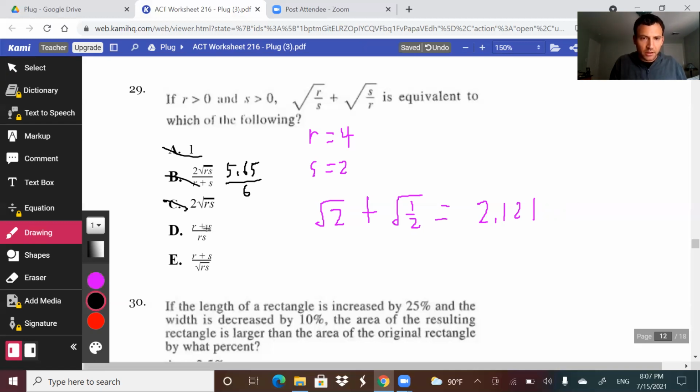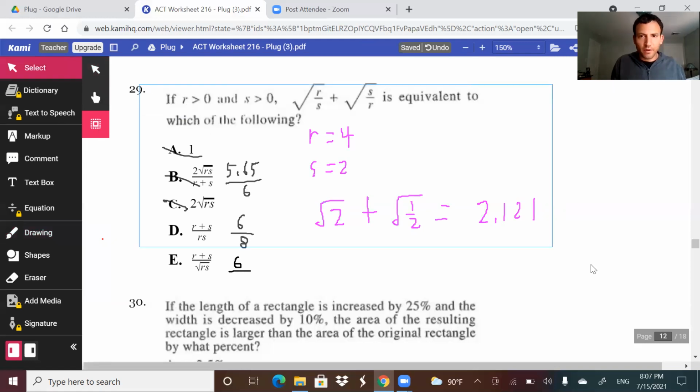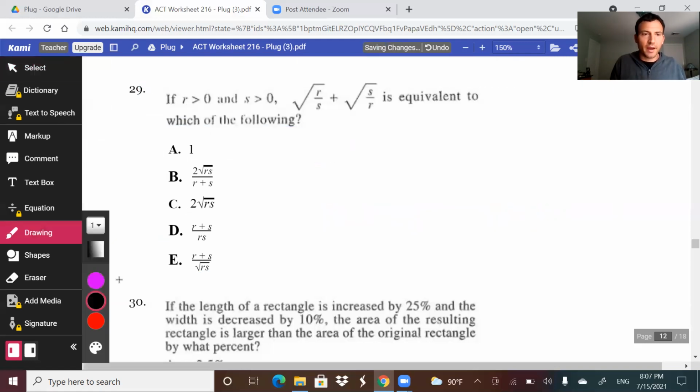R plus S is going to be 6 divided by 8. That's 3/4. So that's not correct. And then 6. Huh. Let me get the right answer algebraically, and then I'll look back at the plug.